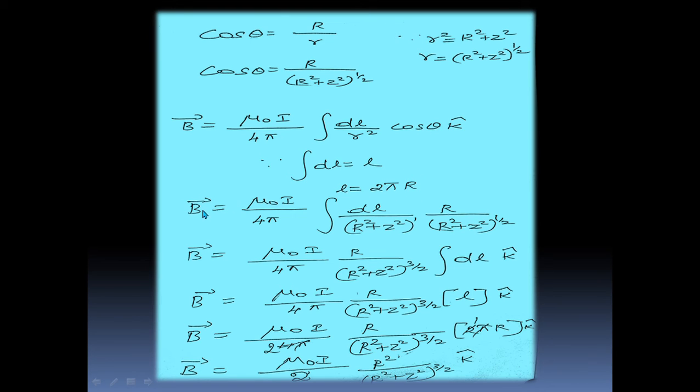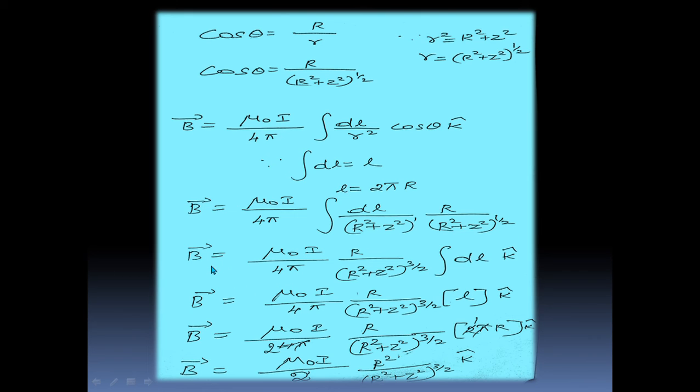Now the next step is B vector is equal to mu naught I divided by 4 pi, integration of dl divided by r square. What is the value of r square? It is r square plus z square, into cos theta. Cos theta is nothing but r divided by r square plus z square, the whole power 1 by 2.